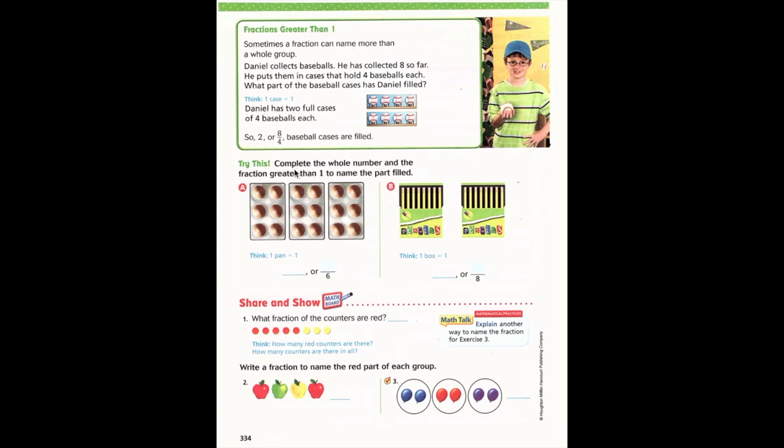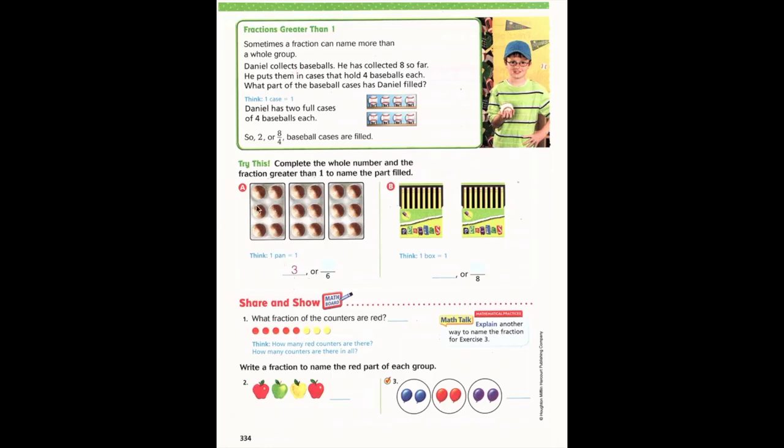So let's try this one. Complete the whole number and the fraction greater than 1 to name the part filled. So here we've got pans. So we're going to think that 1 pan equals 1. How many pans do we have? 3.